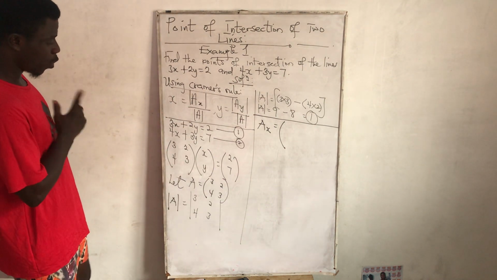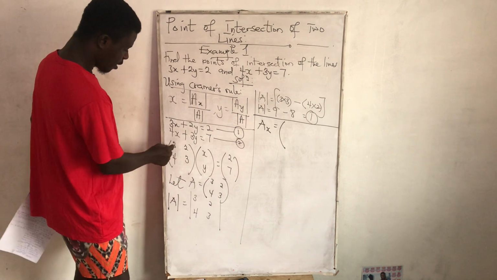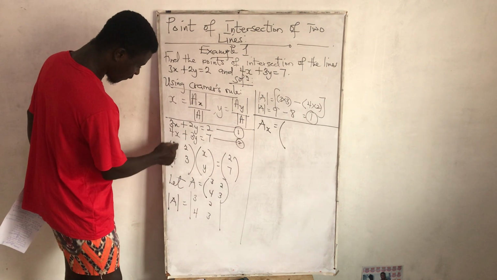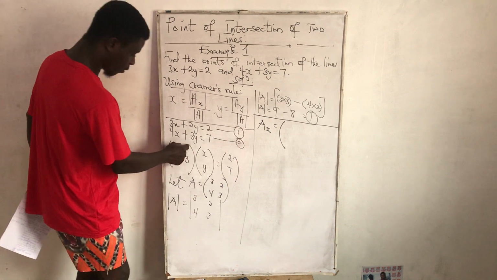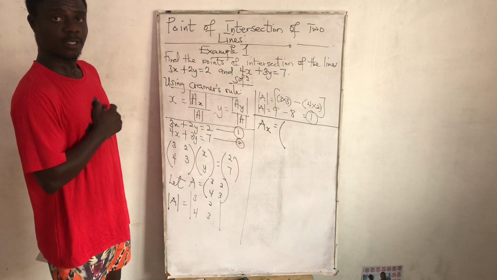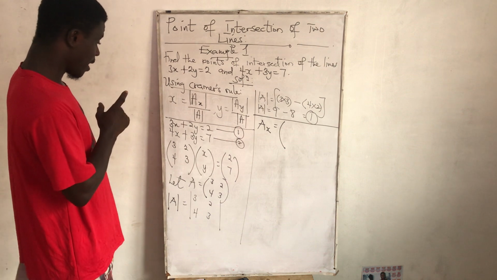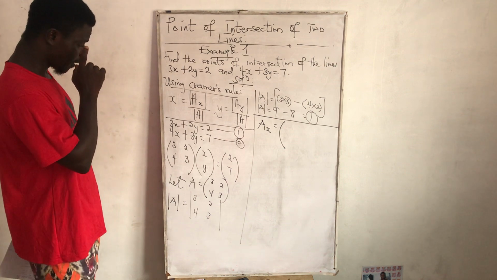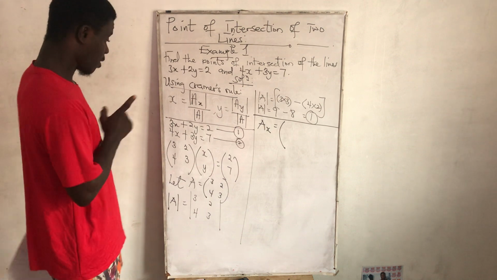So how can we obtain AX? Now, the first column here contains the X values, right? And the second column here contains the Y values. So the first column are the X values, then the second column are the Y values.